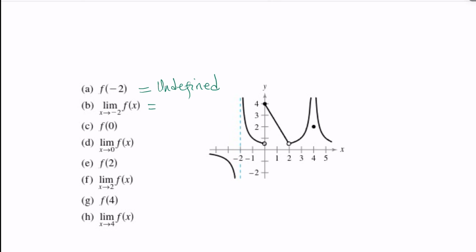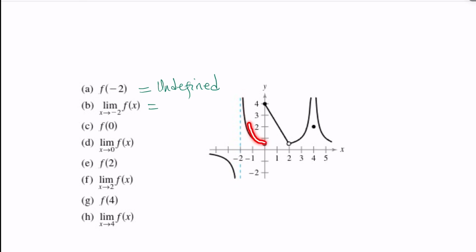Then the next question says we should find the limit of f of x as x approaches negative 2. So this is negative 2. Now this is the left side of negative 2 and this is the right side of negative 2. If I consider the left side, as I approach negative 2, I don't seem to approach any specific value from the left. And as I approach negative 2 from the right, I don't seem to approach any specific value.